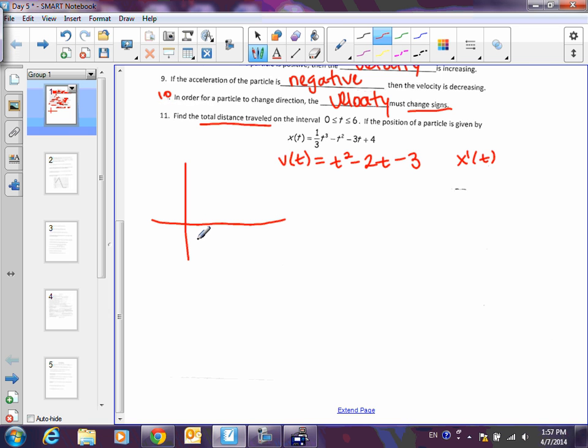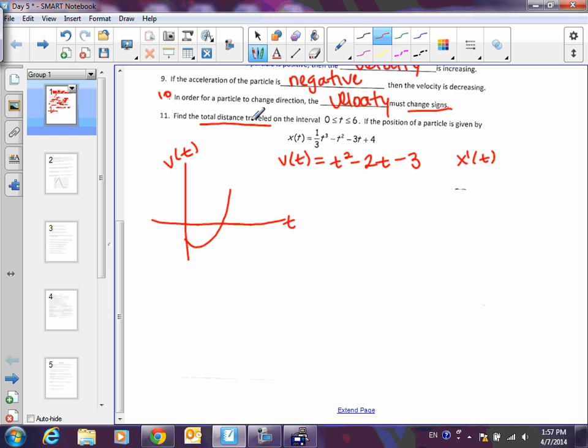So how would you graph this by hand? It is a parabola. We know it has a -3, and it looks something like this. You're only going to deal with positive values of t. All the other stuff can be negative, but t is going to be positive. So you could have graphed this on your own if you needed to. All right, and this is v of t.